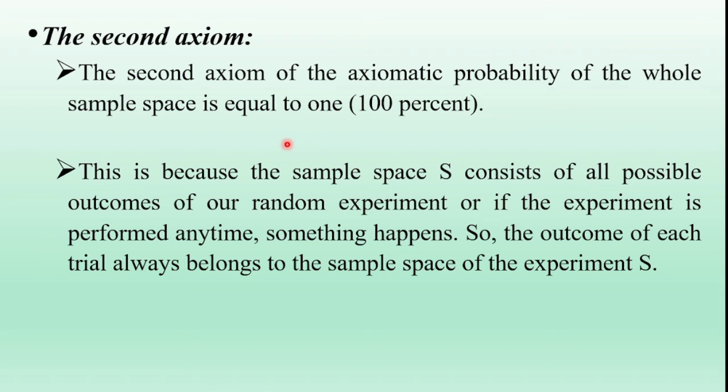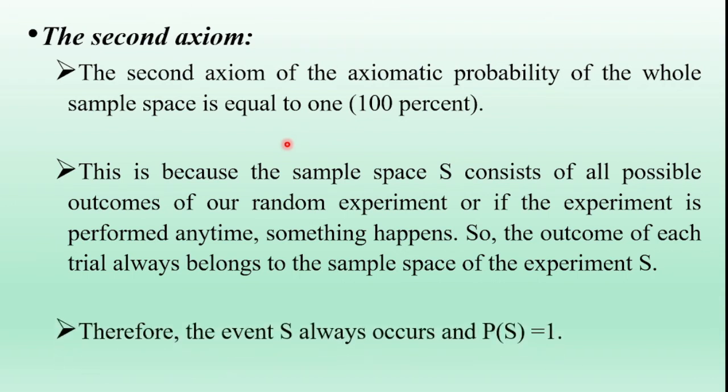The outcome of each trial always belongs to the sample space of the experiment. Therefore, the event S always occurs and P(S) is always equal to 1. So this is the clear explanation of the second axiomatic condition.